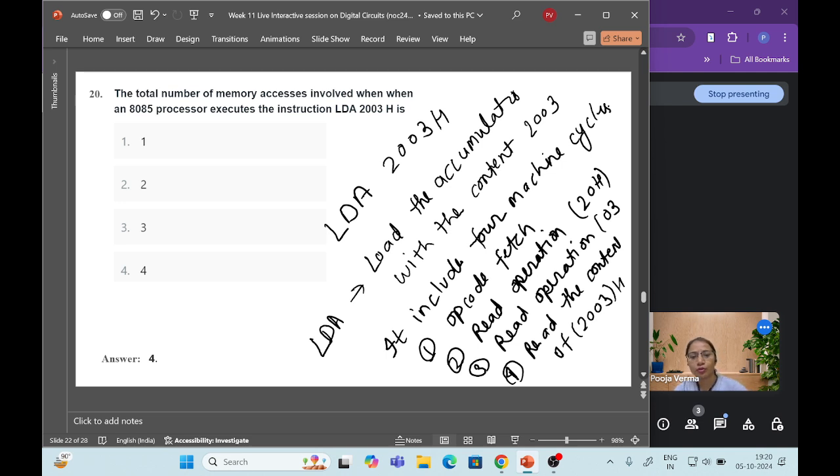So a total of 4 machine cycles are required to execute the instruction LDA 2003. Option 4 is the correct answer for this question.